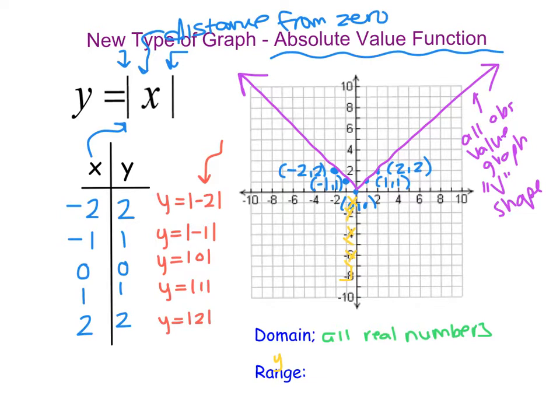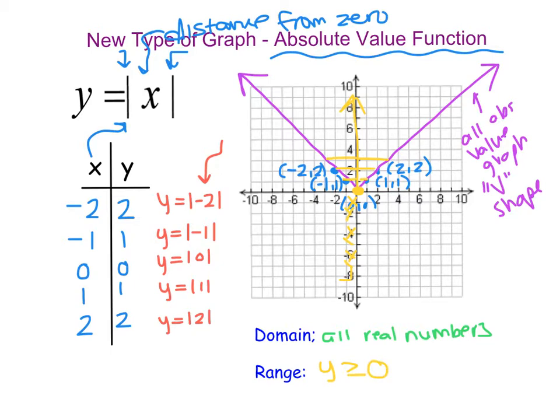What I need instead are the y values that start at 0 and go up, because I need when y is 1 to make these 2 points, when y is 2 to make these 2 points, when y is 3 to make these 2 points, so on and so forth. So what I'm noticing about my range is that it starts at 0 and goes up. So I'm going to reflect that by saying y is greater than or equal to 0.